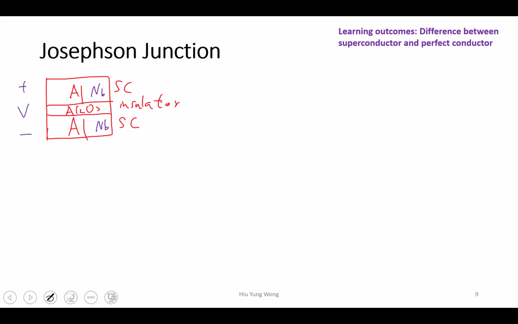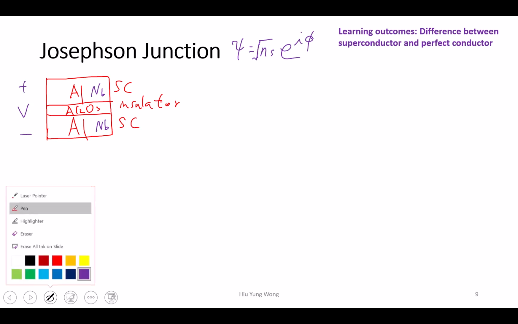Now, do you remember I just said that this is a macroscopic object? So inside this superconductor, I have this sqrt(ns) e^(i phi). I have a phase. It's a macroscopic quantum object. It has a wave function with phase phi.